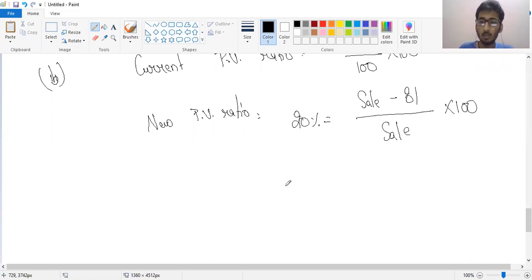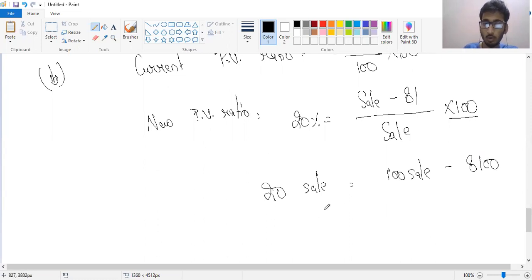So how to solve? So it would be 0.2 sale equal to... no, if we are writing 100 here, it would not be 0.2, it would be 20. Since we are writing 100 in the multiplication, it means the value we are getting is in total number. So 100 minus 8100. So solve this. So I can say 80 sale equal to 8100.